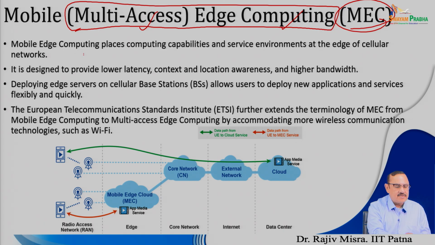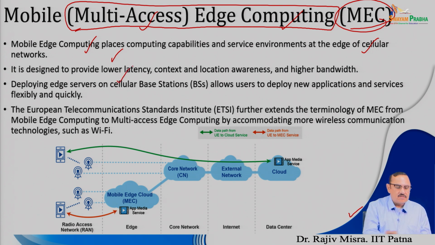Mobile edge computing places computing capabilities and service environments at the edge of the cellular network. You can see this scenario in this particular figure. It is designed to provide low latency, context and location awareness and higher bandwidth.